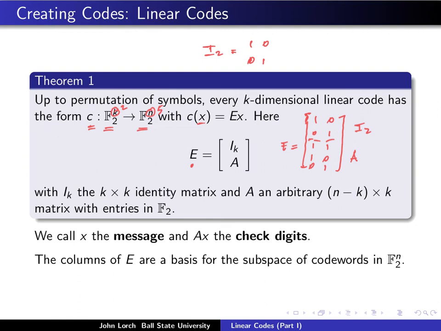That is our message, our natural alphabet object. And we call AX the set of check digits. So X is the message, and AX is the set of check digits. The columns of E, as I mentioned earlier, form a basis for the subspace consisting of the code words in the strings of length n.